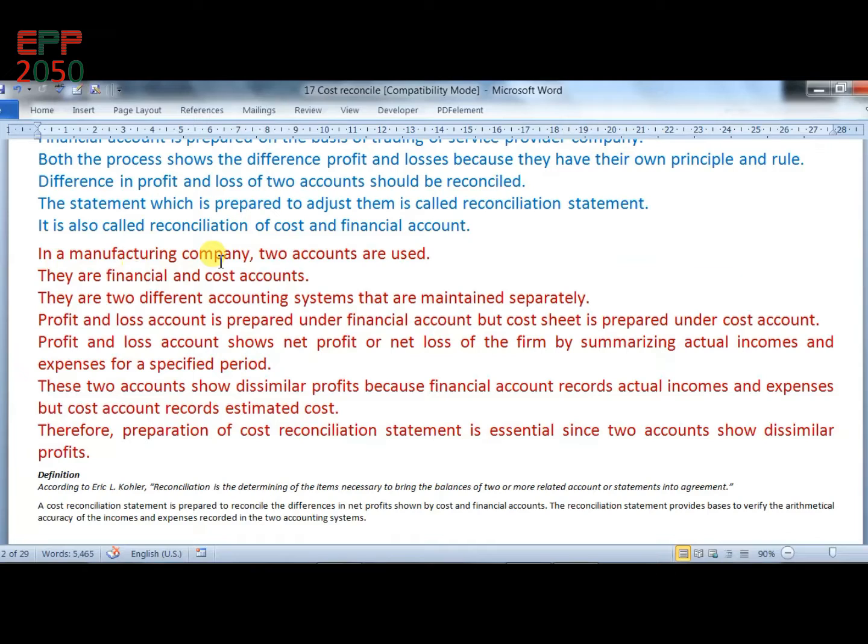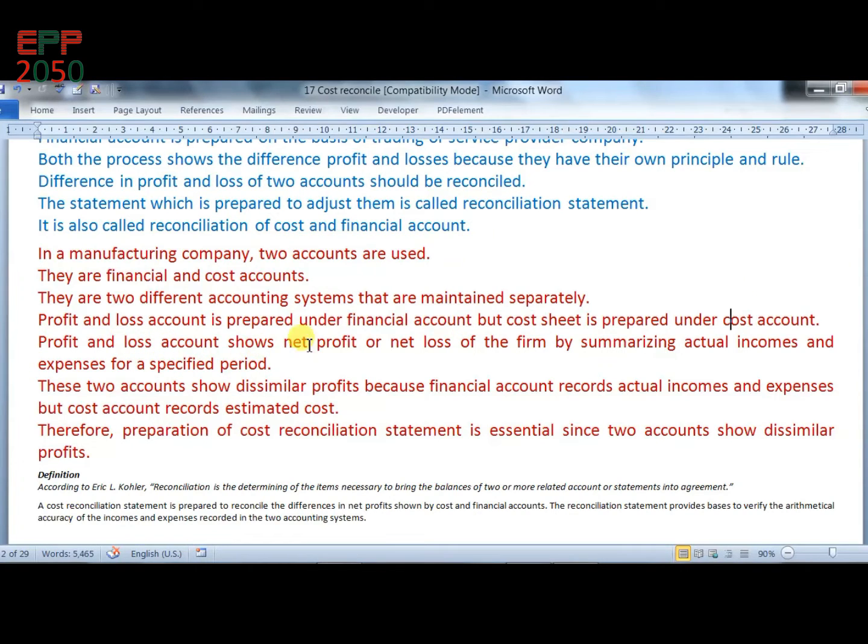In a manufacturing company, two accounts are used. They are financial accounting and cost account. They are two different accounting systems that are maintained separately. Profit and loss account is prepared under financial account, but cost sheet is prepared under cost account.